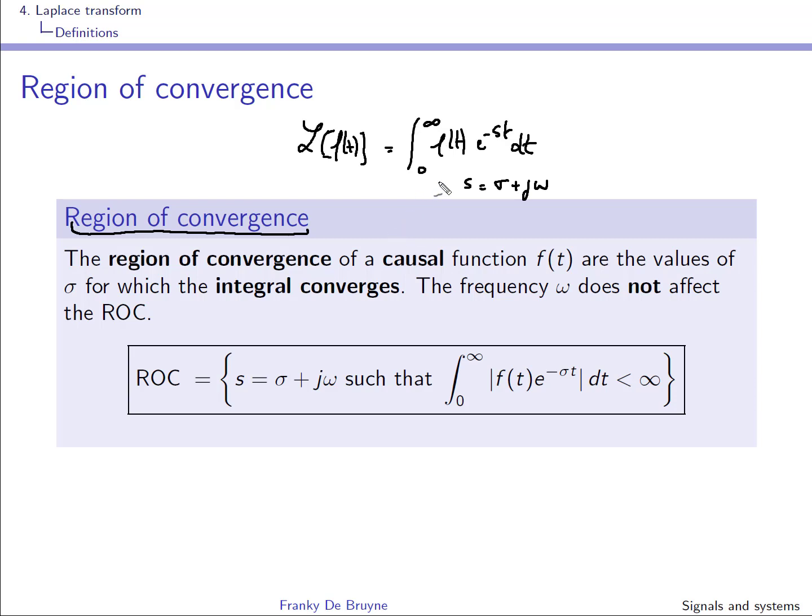This region of convergence, well, will be the region of the complex plane where this integral converges over here. Okay, and you can show, this will be done in the next slide, that this region of convergence is the set of all s that can be written sigma plus j omega, such that this integral converges over here.